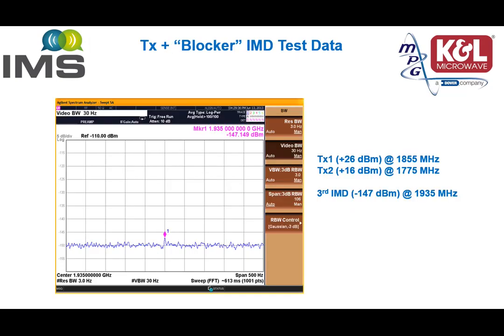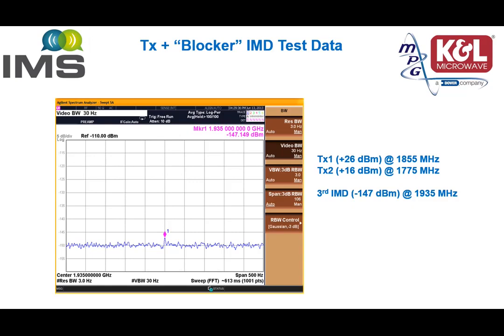Measuring the purity of the triplexer, we terminate the common with a low PIM termination. We then inject a TX1 of plus 26 dBm at 1855 MHz and a blocker at TX2 of plus 16 dBm at 1775 MHz.